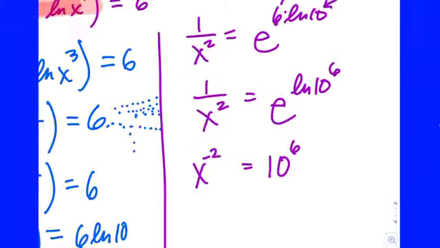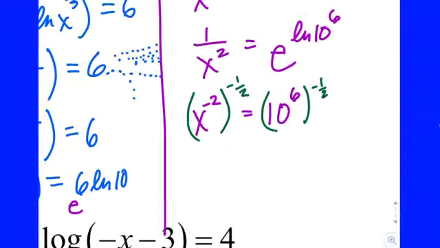Okay. Now, last step. How do I solve for x? I raise both sides to the reciprocal power. And when I raise both sides to a reciprocal power, anything times its reciprocal is 1. But I end up with 10 to the 6 times negative half, which is negative 3. What did I just tell you you must do when you take the even root, square root, fourth root of both sides of an equation?